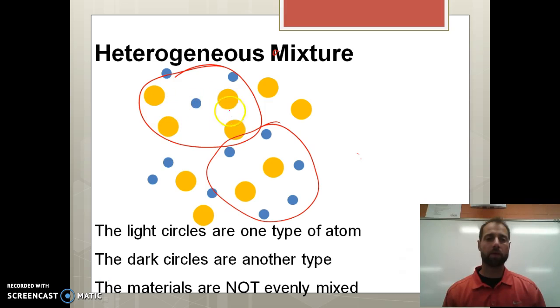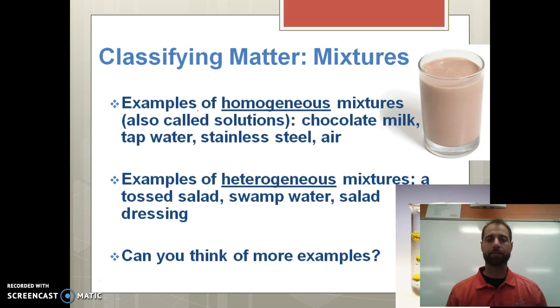In this one I've got 4 yellows and 2 or 3 blues. In this one I have 2 yellows and about 5 blues here. And so even though I'm taking about the same amount of the mixture, it's not evenly mixed. So that is a heterogeneous mixture.